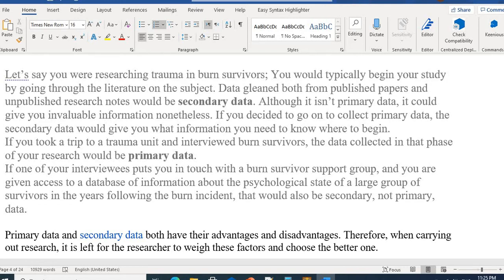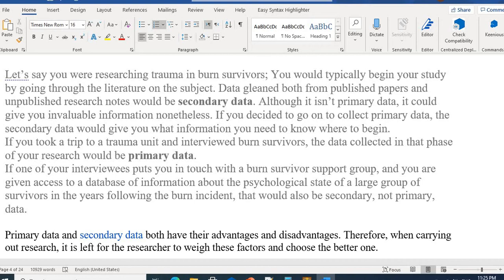Data gleaned both from published papers and unpublished research notes would be secondary data, although it is not primary data. It could give you invaluable information. Nevertheless, if you decide to go on to collect the primary data, the secondary data would give you what information you need to know where to begin.